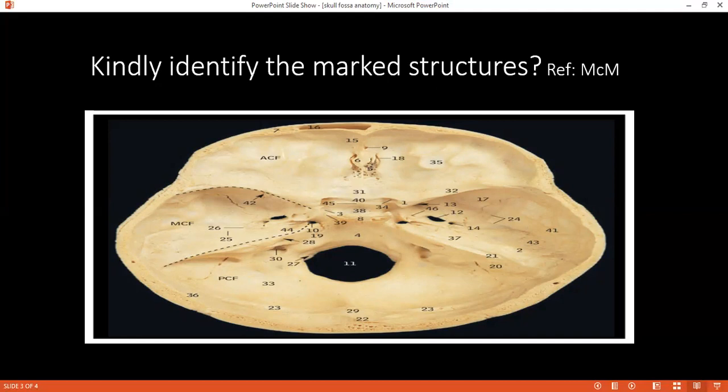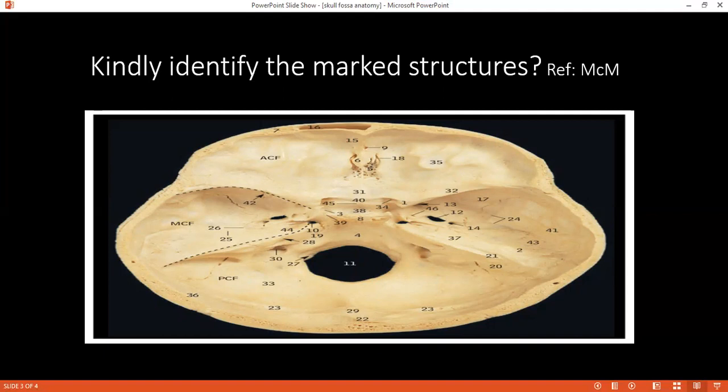Did you mention the lower end of the medulla oblongata? Yes, ma'am. And there are tectorial membranes. Yes. Okay. Can you please tell me how would you divide the base of the skull for descriptive purposes?